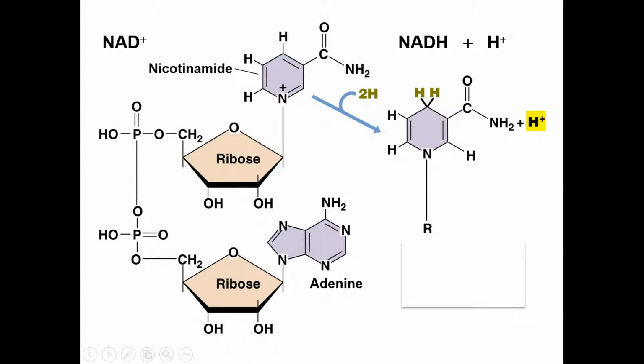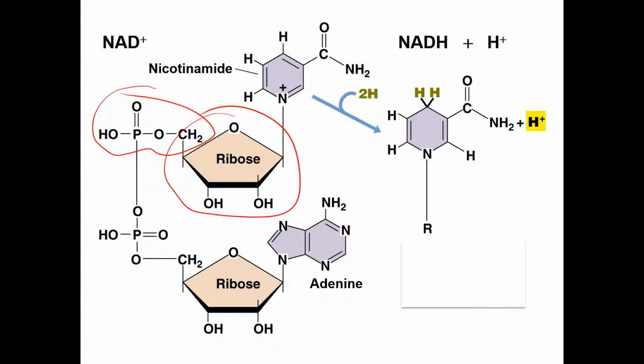Here you're being shown a picture of NAD plus and NADH. Notice here that you have a phosphate molecule, a ribose sugar, and nicotinamide.